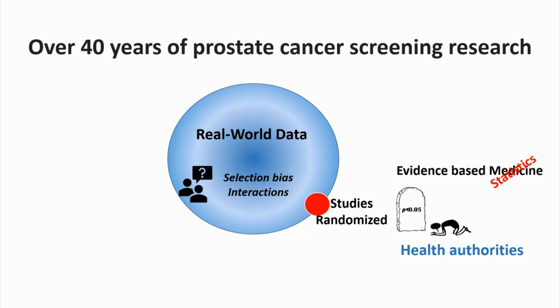Real-world data can also be used, for example, in case-control studies, but they are not so well considered because they can have a selection bias or interaction with a confounding factor.